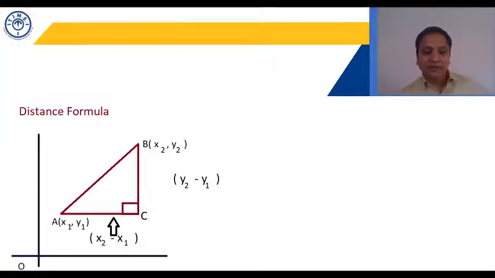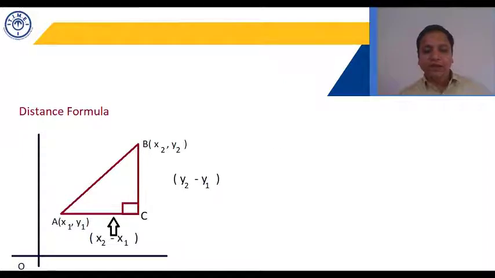And similarly we can say this AC is x2 minus x1, since x2 is the x coordinate of C. Now angle between x-axis and y-axis is a right angle. So since AC is parallel to x-axis and BC is parallel to y-axis, the angle between them is also a right angle.